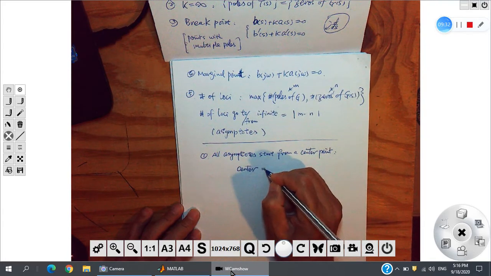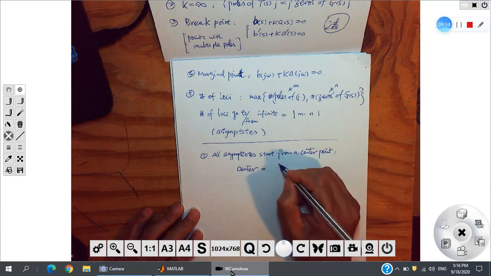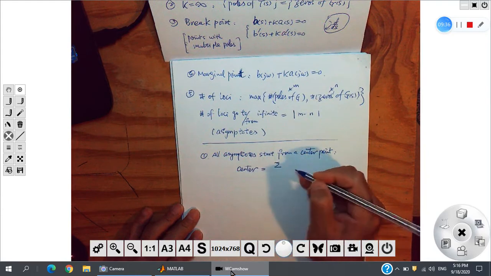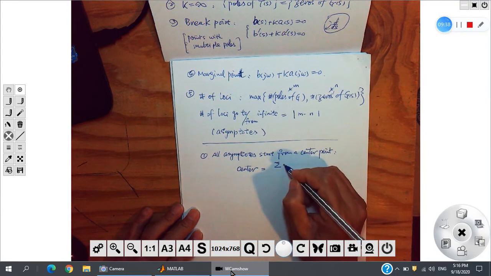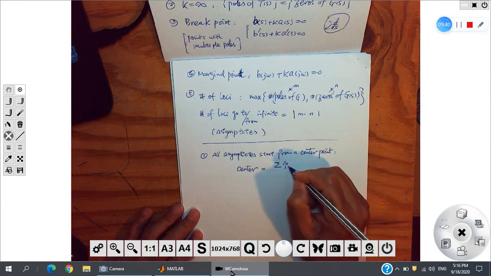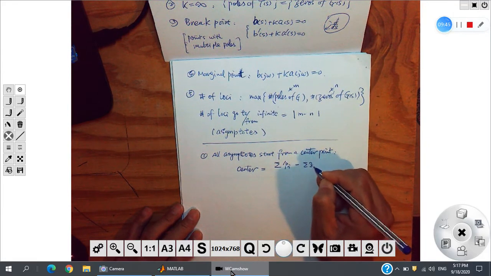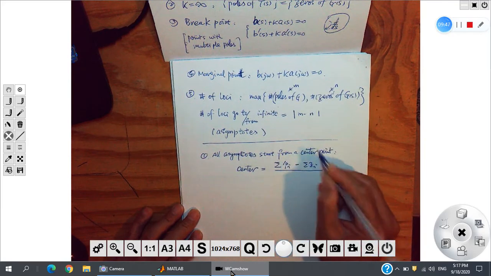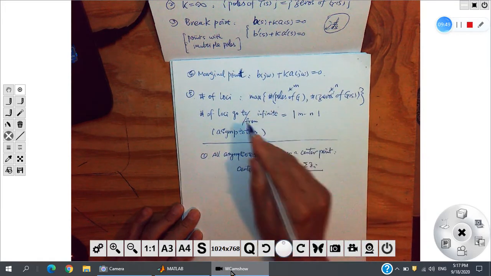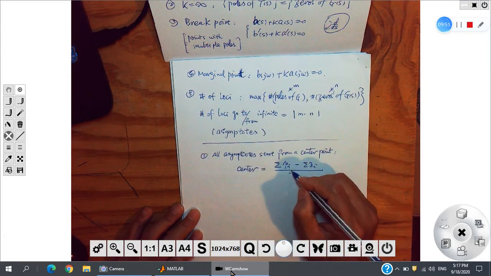It will be a real number. It is the summation of all the poles minus the summation of all the zeros, divided by the number of branches going to infinity, which is m minus n.